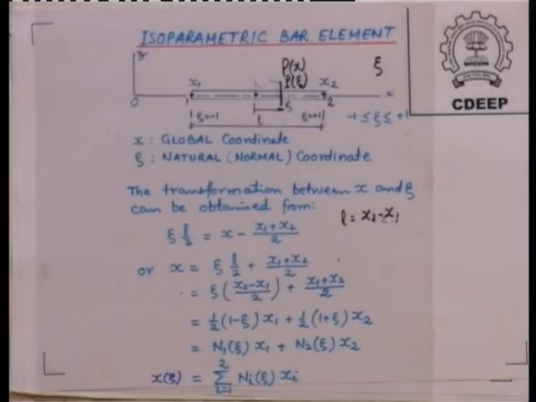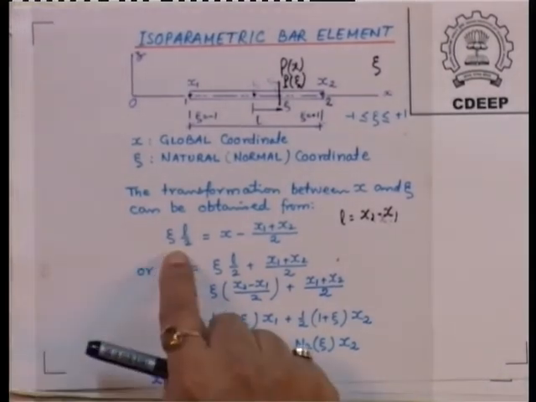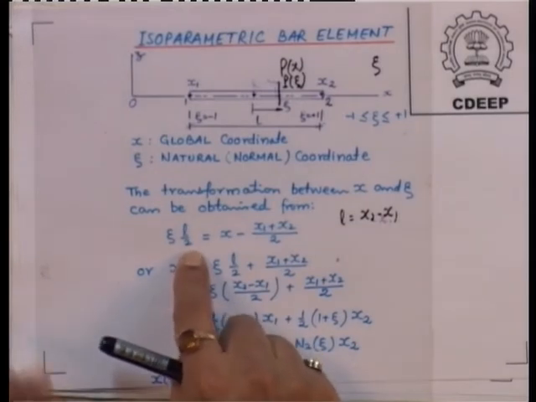Sorry, you cannot see. I am sorry, now you can see. The same point P is defined by two coordinates, x and psi. Now I want to develop the relationship.